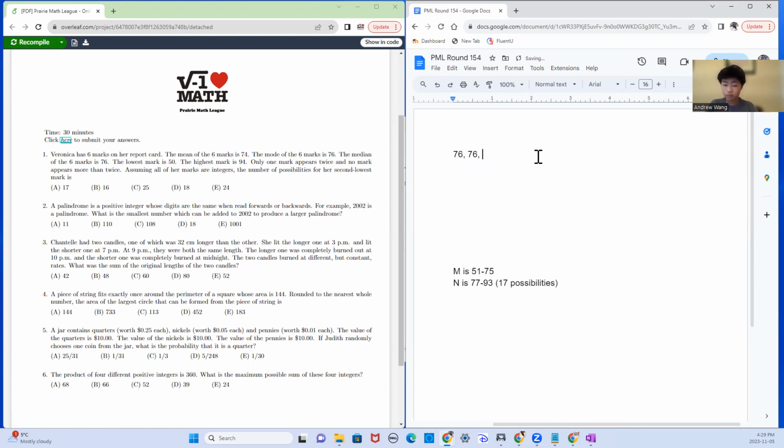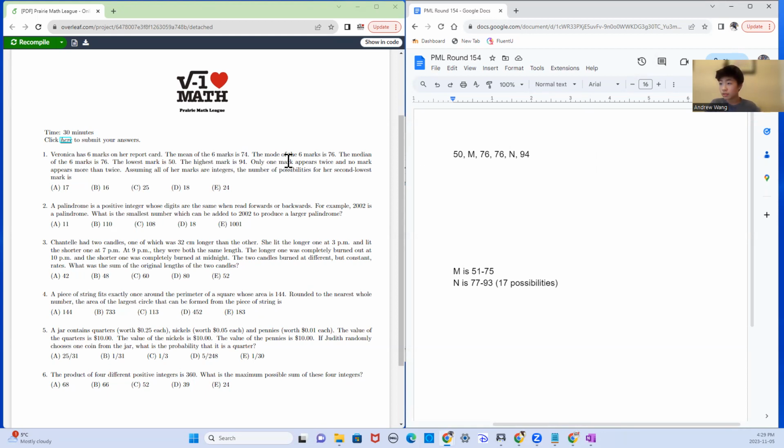We also know the highest mark is 94 and the lowest mark is 50. So we kind of have an outline here. We're going to put M as the second lowest mark, and N as the second highest mark.